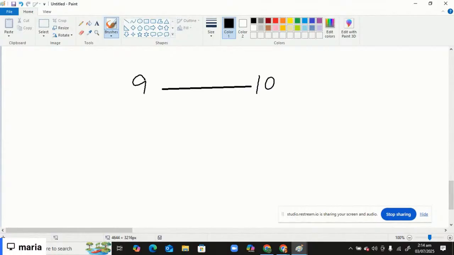Which one is the right option? So 9 is less than 10. We are putting it this way.